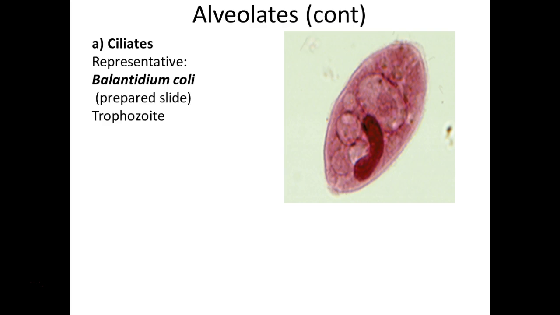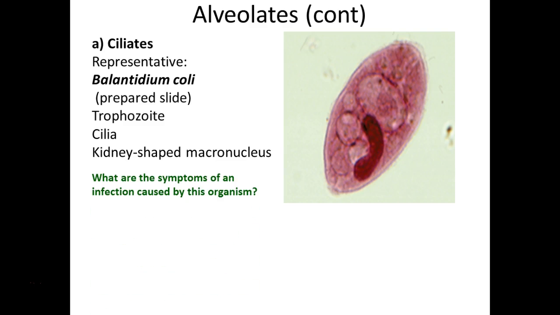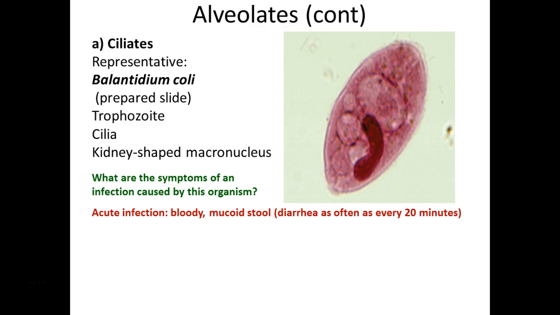Balantidium coli, you can really identify them very easily by the shape of their nucleus, which is very distinct for them, this kidney bean shape. We're just going to look at the trophozoite, the feeding phase. Again, they have cilia, really hard to see. Kidney bean shaped nucleus. What are some of the symptoms if you had an infection with this, if you ingested this? Yeah, you're going to have bloody mucoid stool, your feces.